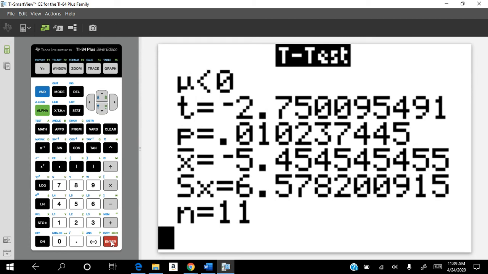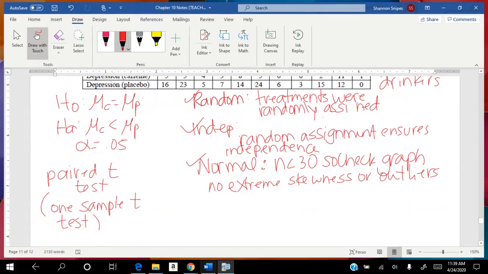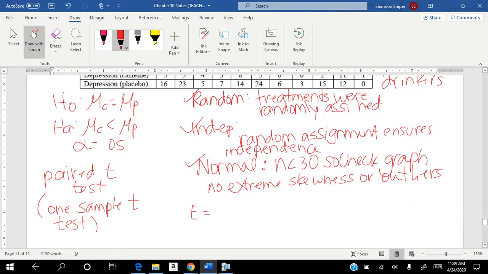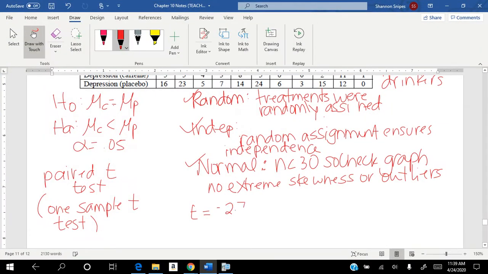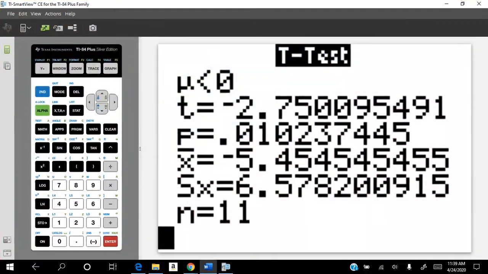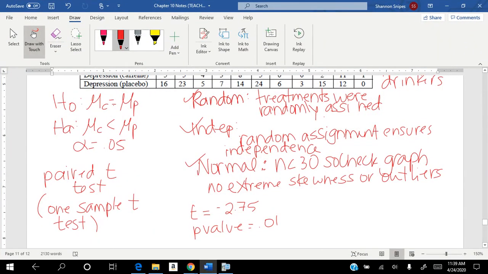So we're going to calculate. With our tests, when we do the do step in the calculator, we need to write down our t-test statistic. Our t-test statistic is negative 2.75. And our p-value is 0.01. And just to impress your grader, you could also draw and put negative 2.75 less than, so that is 0.01.